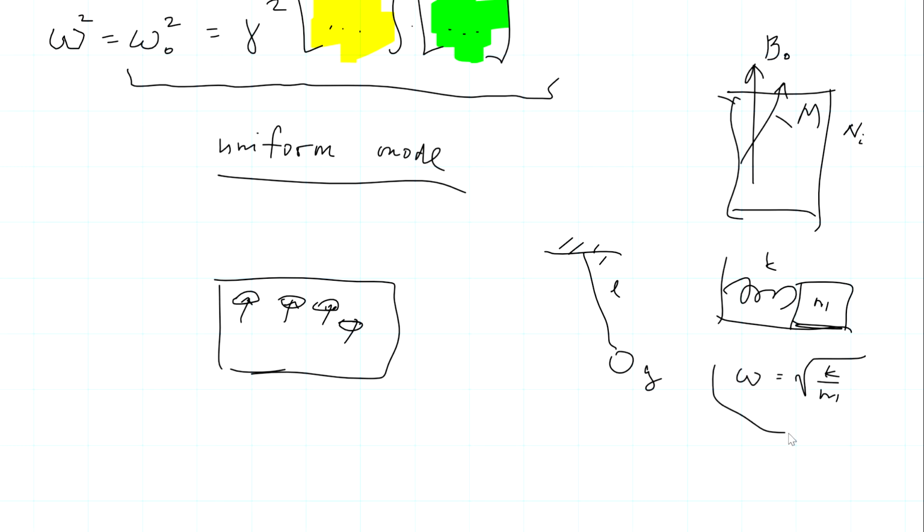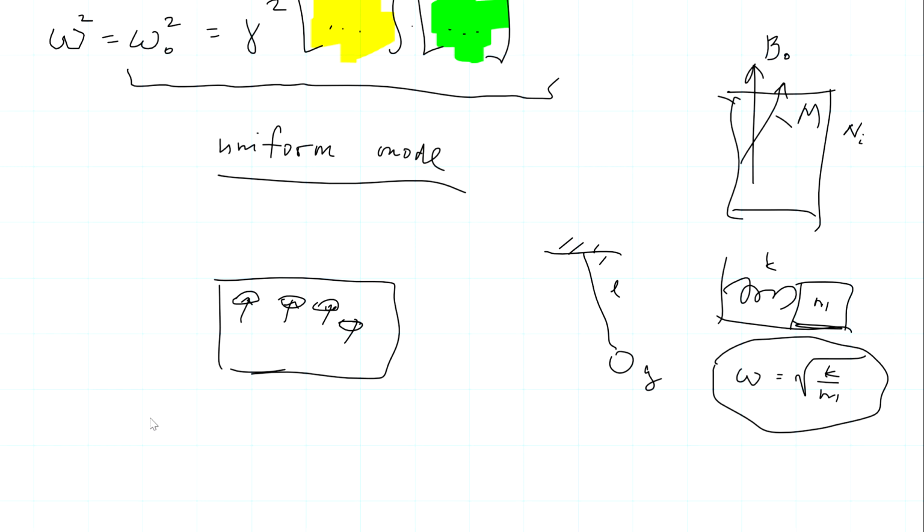So this is the frequency of a simple harmonic oscillator. Similarly, in all magnetic systems, it doesn't really matter which one you take, all magnetic systems have their resonant oscillating frequency at which all of them will oscillate at the same time.